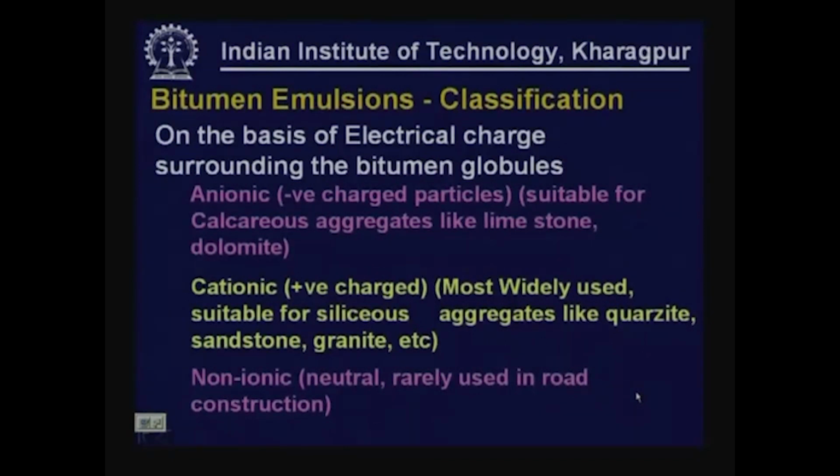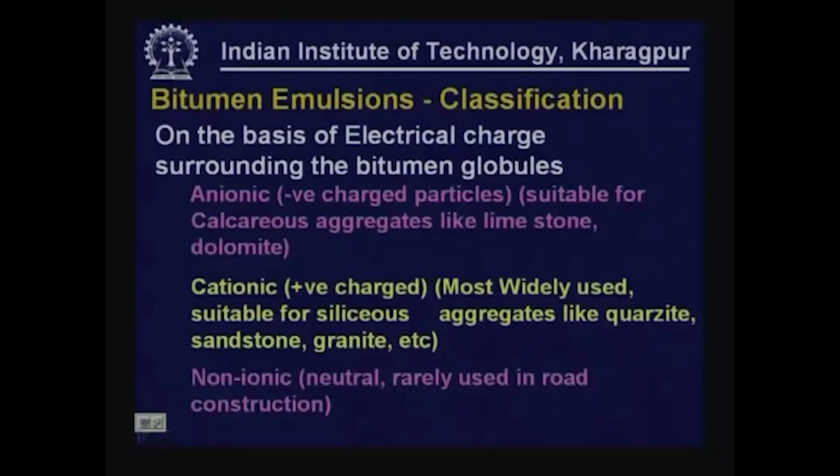Bitumen emulsions are normally classified on the basis of the electrical charge surrounding the bitumen globules, which in turn depends on the emulsifier that we use. Anionic emulsions have negatively charged particles, and these are suitable for calcareous aggregates like limestone and dolomite.